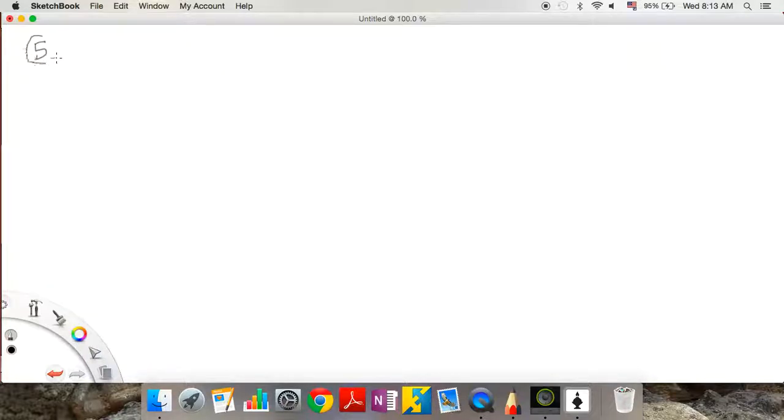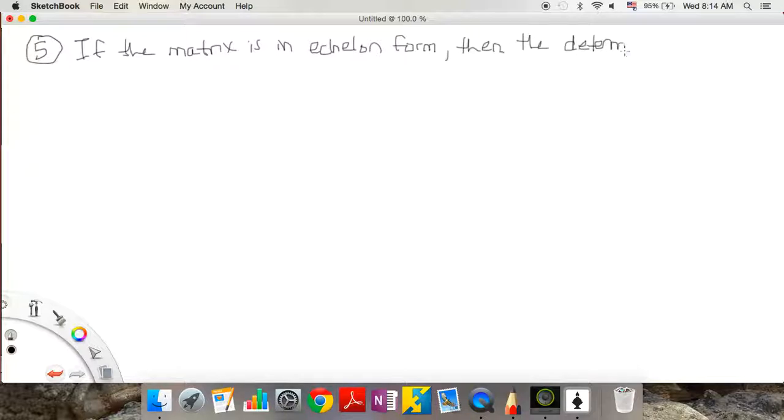All right, the last property we're going to talk about is if the matrix is in echelon form, and remember that echelon form means that all the entries below the main diagonal are 0. So if it's in echelon form, then the determinant is the product of the main diagonal entries.